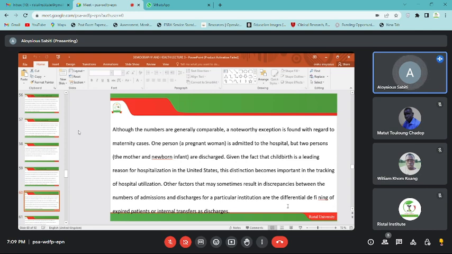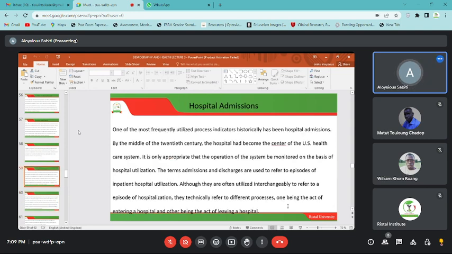Then it can help a researcher or the hospital biostatistician to understand what is the rate or what is the major disease that is leading to hospitalization of individuals or the leading rate for hospital admissions.